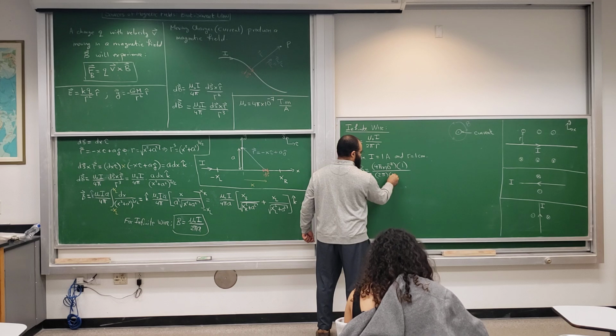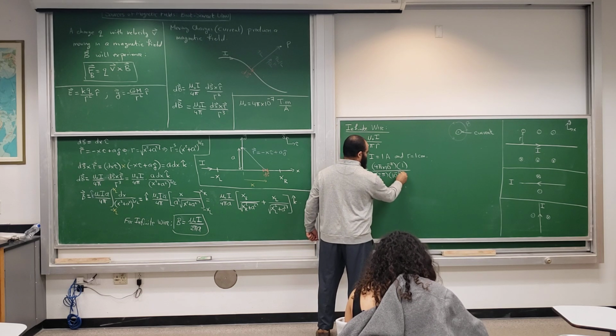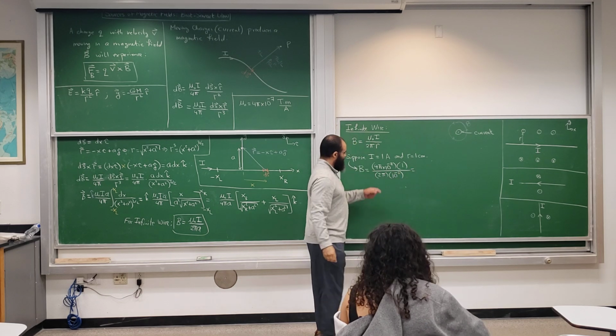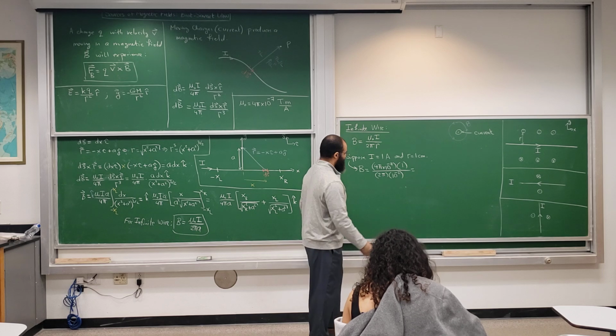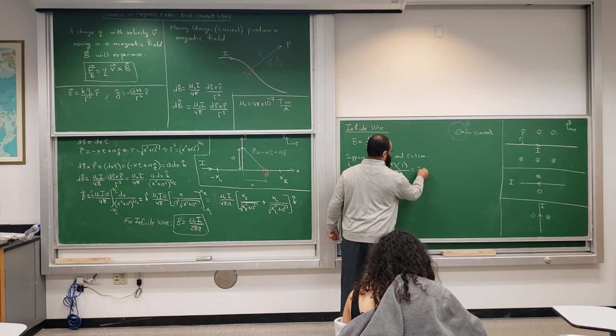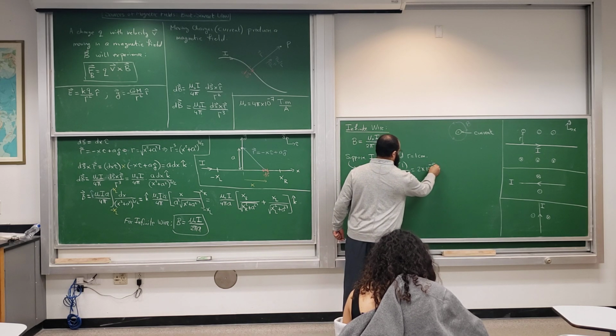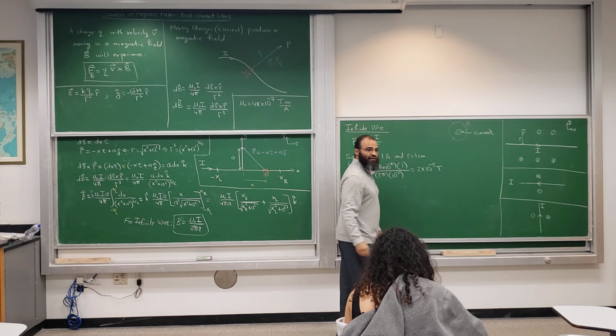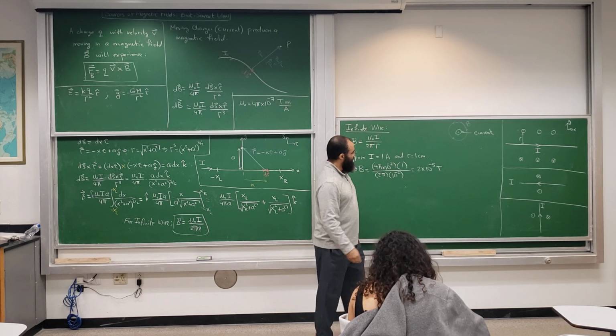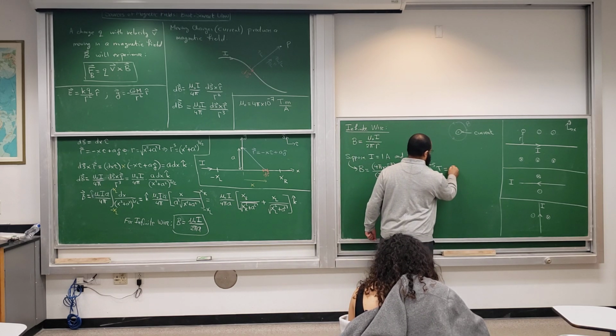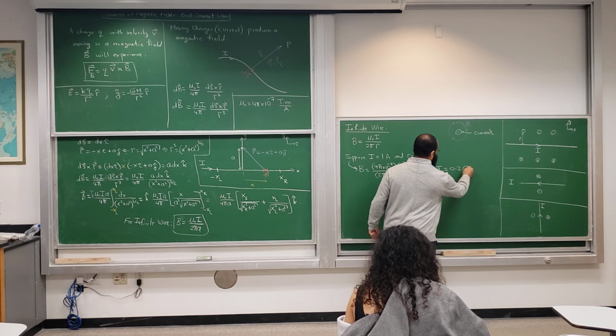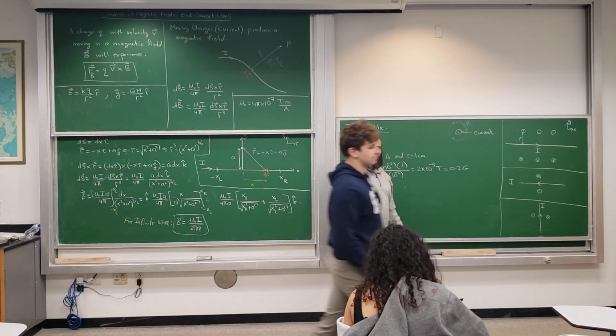That's 10 to the minus 2 meters, right? And this turns out to be 2 times 10 to the minus 5 Tesla, right? So this is 0.2 Gauss. Remember Gauss is 10 to the minus 4 Tesla?